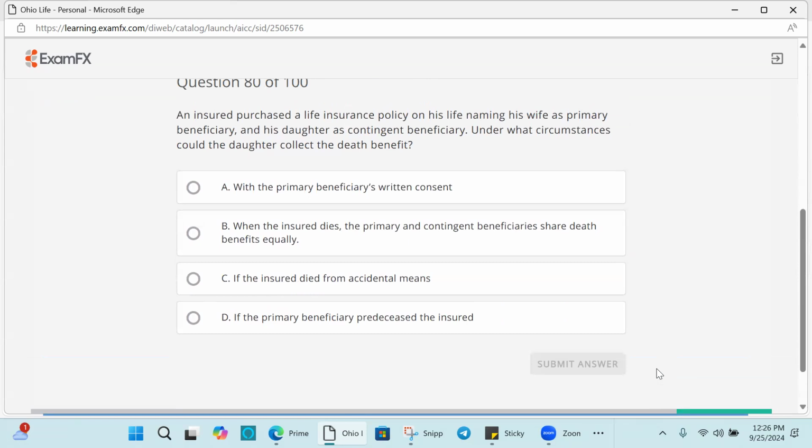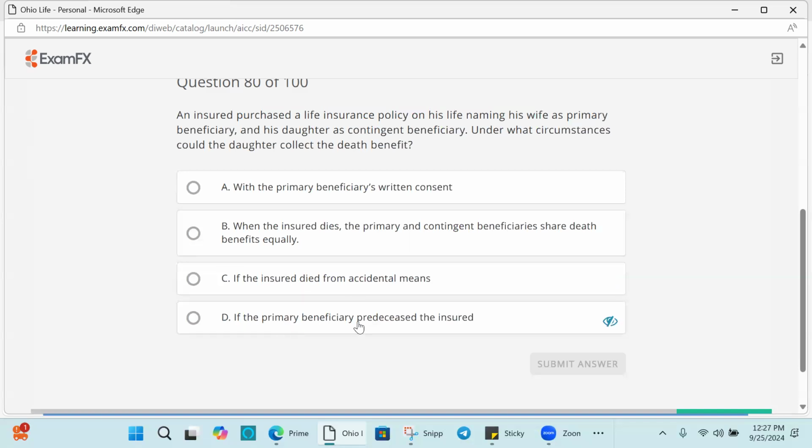An insured purchased a life insurance policy on his life, naming his wife as the primary beneficiary and his daughter as a contingent beneficiary. Under what circumstances could the daughter collect the death benefits? Well, if the primary beneficiary and the owner are not existing. If the insured dies from accident?